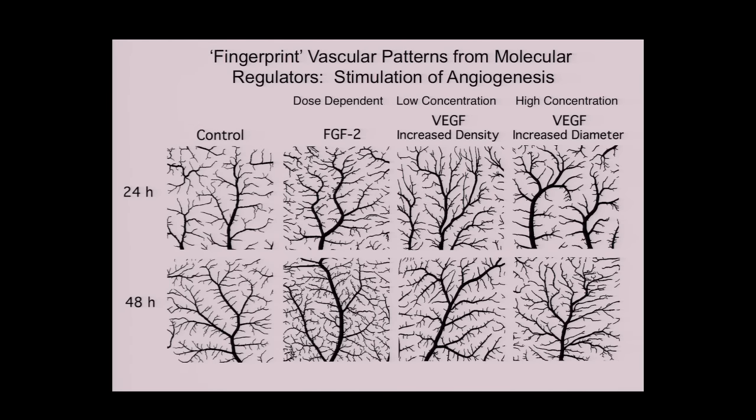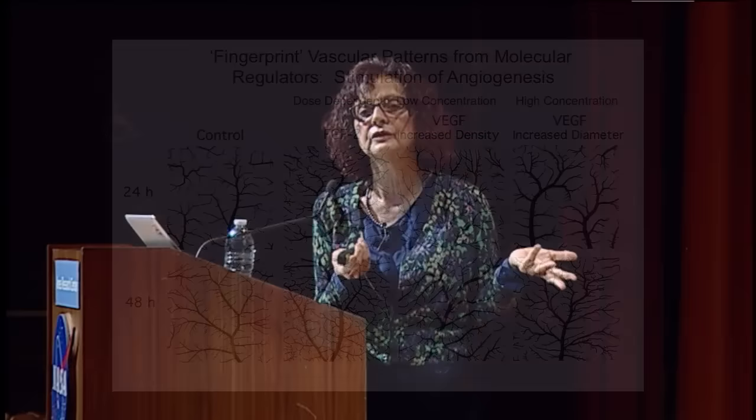The next two slides demonstrate my initial observations looking at this system, and that the application of the major angiogenesis regulators, such as FGF2 and VEGF, induced really the specific fingerprint or signature vascular patterns you see before you.